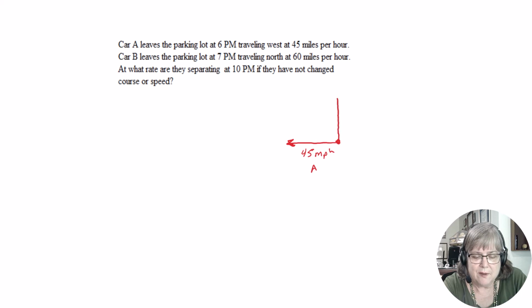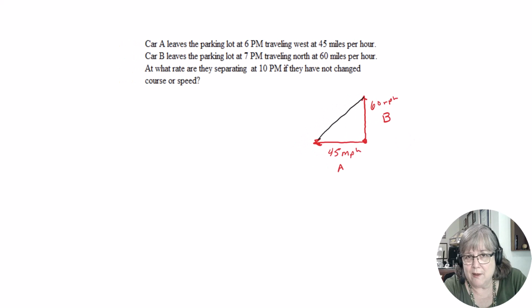Let's say this is north. And they're traveling 60 miles per hour. And this is car B. I'll worry about the time in just a second, but I just want to get my head wrapped around what's physically going on. So I've got one car going west, one car going north, and what they're trying to figure out is how quickly they are separating between there and there. Now, this looks kind of like the Pythagorean theorem again, right?